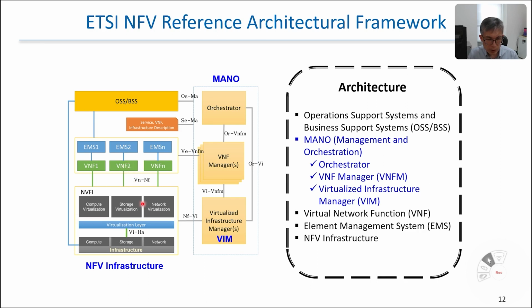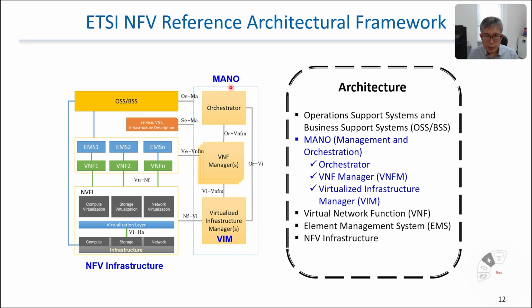And then this layer is the NFV infrastructure layer. Basically, based on the virtualization layer, the hypervisor makes virtualized compute, storage, and network nodes based on the hardware compute, storage, and network resources.